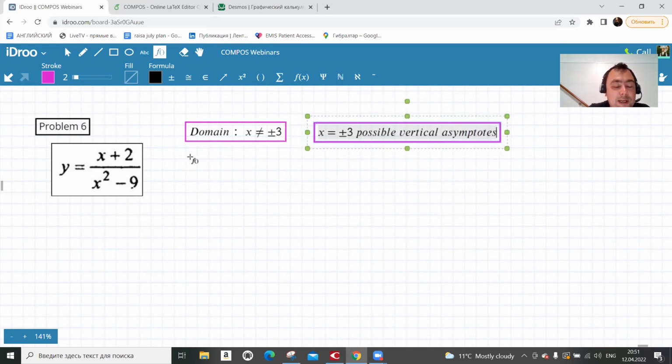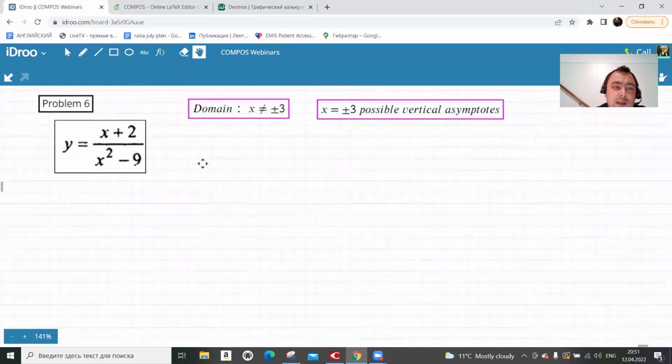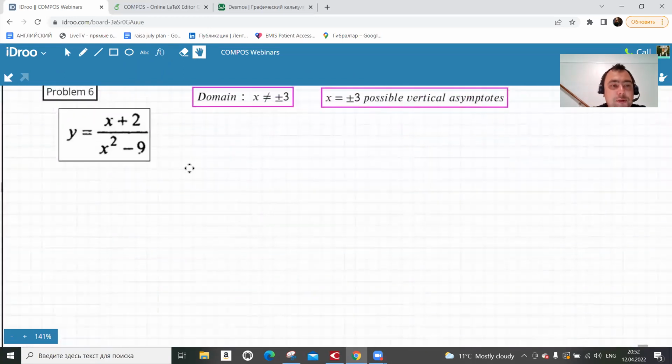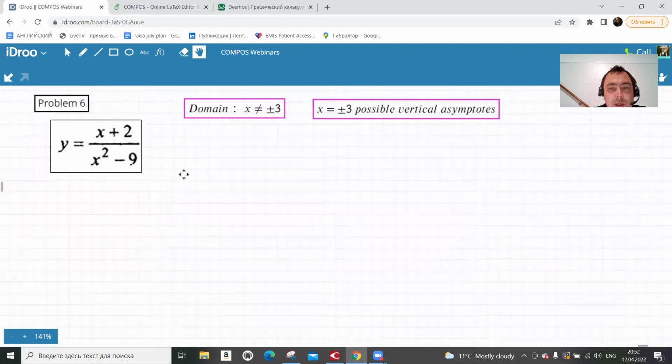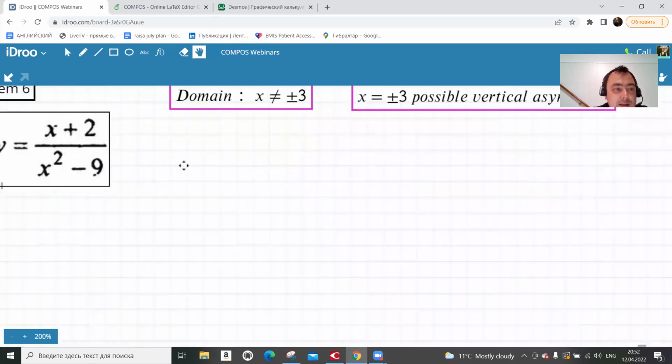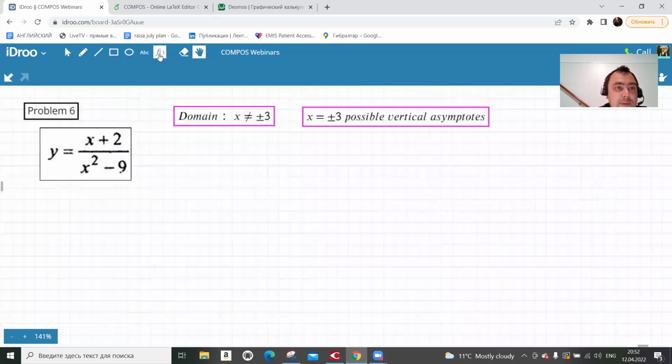Good. The range. Do we really need to find the range here? It's going to be quite tricky. I'm going to skip the range because I can't see an easy way to find it. Otherwise, I might spend 20 minutes finding it.